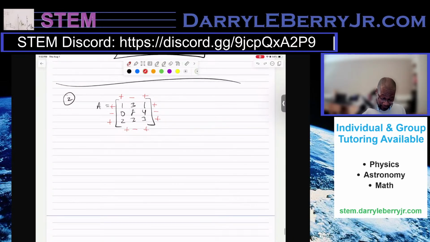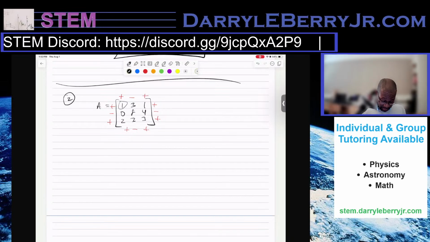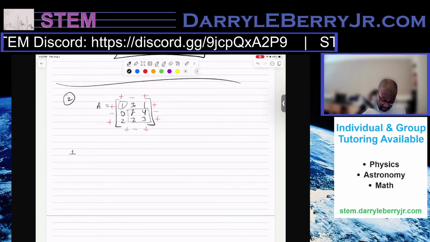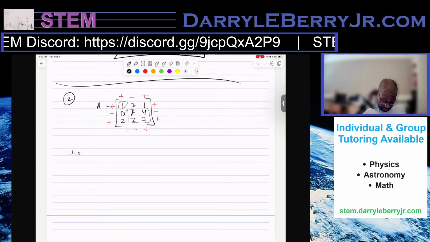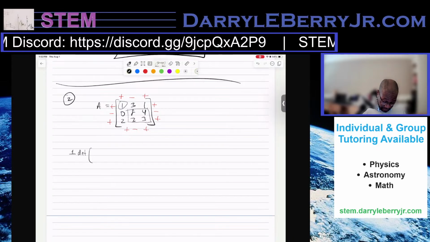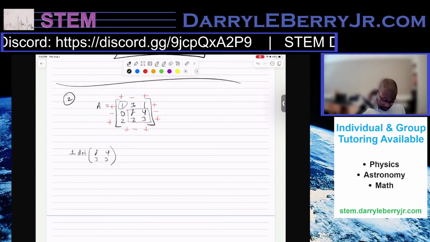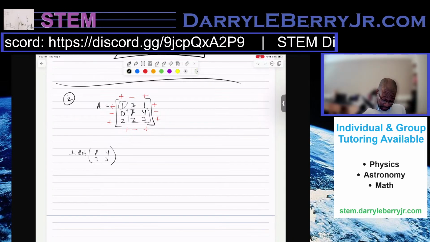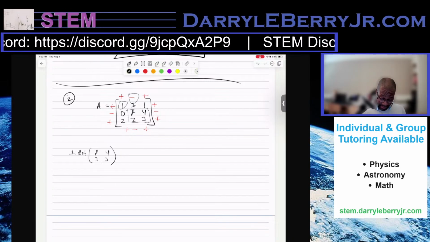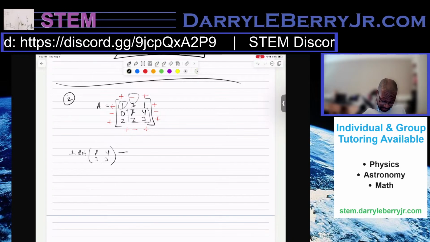And since we want to use cofactors, all we have to do is take one of the variables and put that on the outside, and then everything else we want to take a determinant of. So it'd be that determinant of 8, 4, 3, 3. And then this is a minus, so I'll show you two different ways. So that means it's going to be minus.